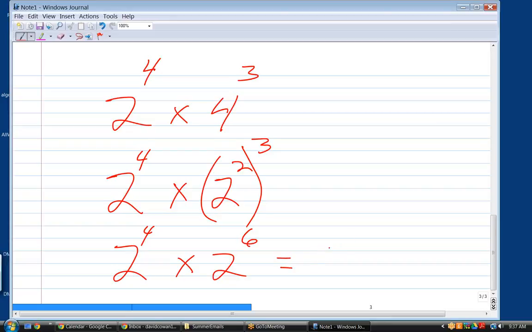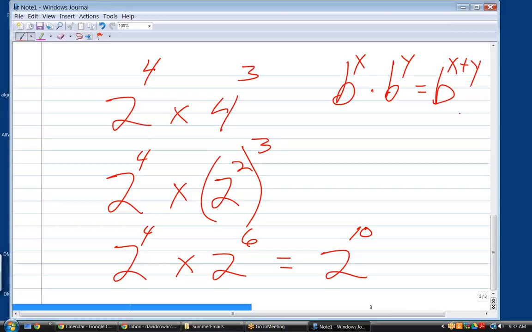No, you leave the base the same and then add the exponents. So when we're multiplying, if you have b to some exponent times b to a different exponent, that's always equal to b. We don't change the b, but we add the exponents. Okay, so that's how we get 2 to the 10th.